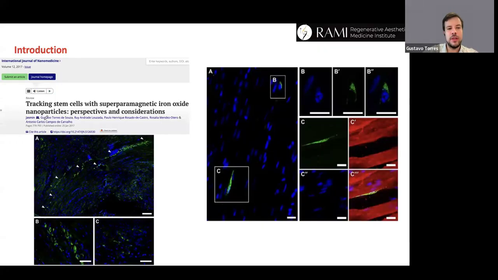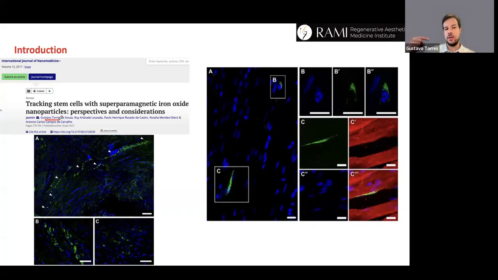This is a paper I published many years ago in which we did heart infarcts in mice, poor things. So picture the situation. We had mice that had lost cardiac tissue, and we injected stem cells through the tail of these animals.